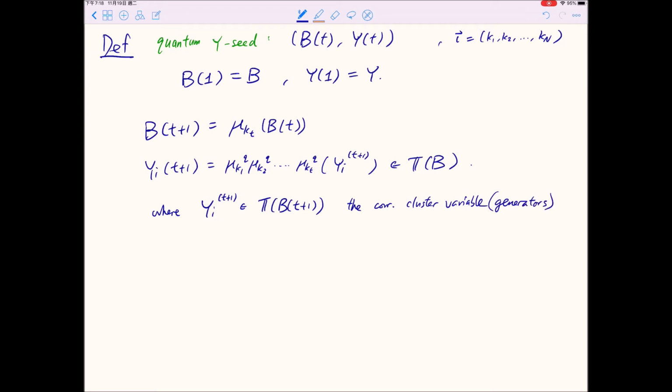So here, what does it mean? The B part is clear. It's just the standard matrix mutation. So for the y_i^(t+1), first of all, we want to identify everything in terms of the original quantum torus algebra. So it should be in terms of the y_i sitting inside T_B.